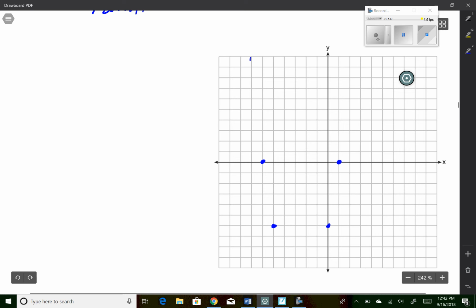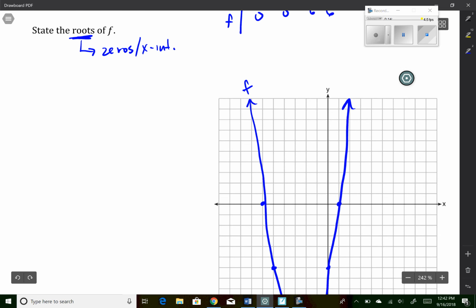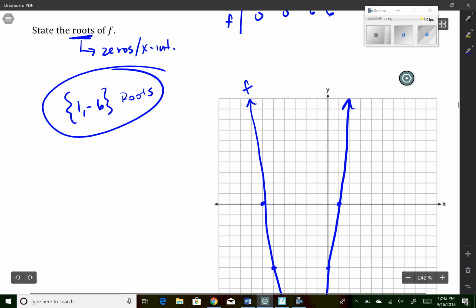And then you're going to have a graph that looks something like this. Unfortunately, I didn't give you a big enough piece of graph paper, so it doesn't fit. Label it F, and you are all good. It then says state the zeros, so the roots. So the roots are going to be 1 and negative 6. These are the roots, and you're done.